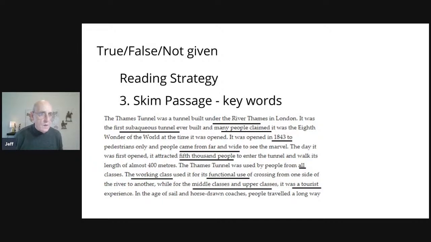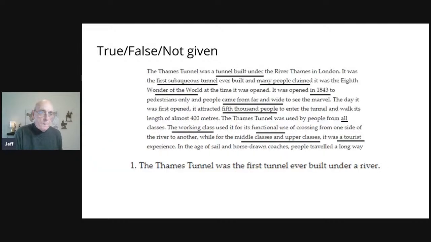Then we read the questions and underline the key words. Once we've done that, we go to the passage and skim the whole passage, marking the key words and finding the important information. Okay, and now we're ready to answer the question.